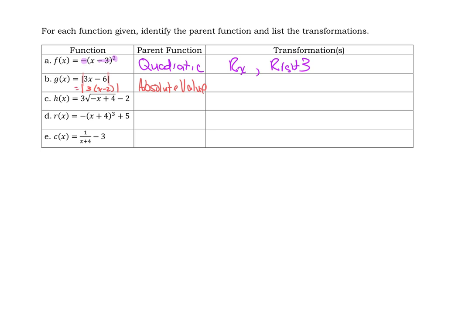Remember, we must factor the B. So that 3 is on the outside of the parentheses, but it's inside the grouping symbol, so that makes it a horizontal. Since it's greater than 1, it's opposite, so that's a horizontal compression. And then the minus 2 is telling me to go to the right 2.